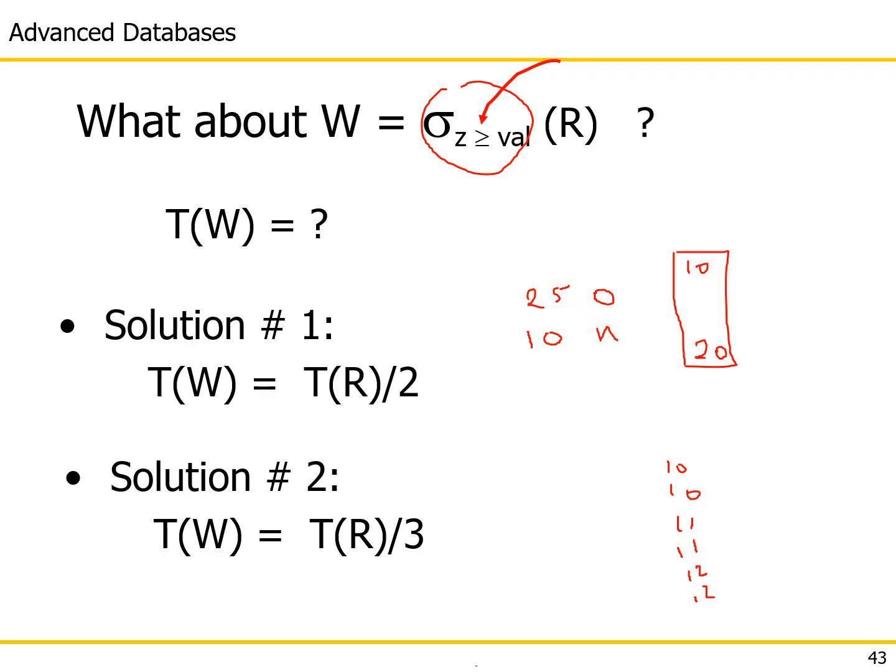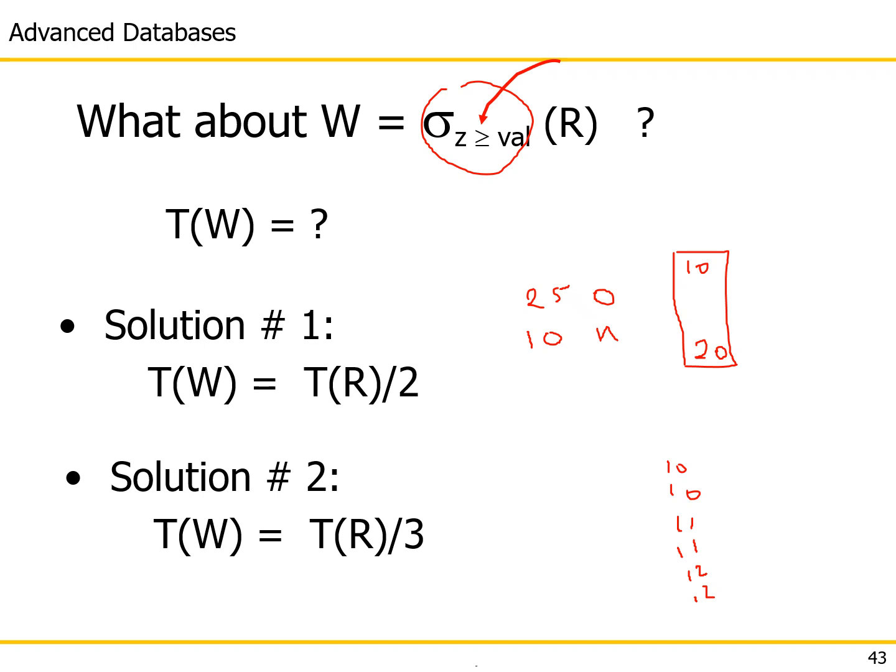Let me just change my pointer. Let's say you have a column in a table, you're running this query on greater than or equal to val, and the column spans from 10 to 20. And there are no duplicates. So you have 2 extreme cases. If your val is 25, your result set size is 0, because there is nothing greater than or equal to 25. If your val is 10, your result set is n.